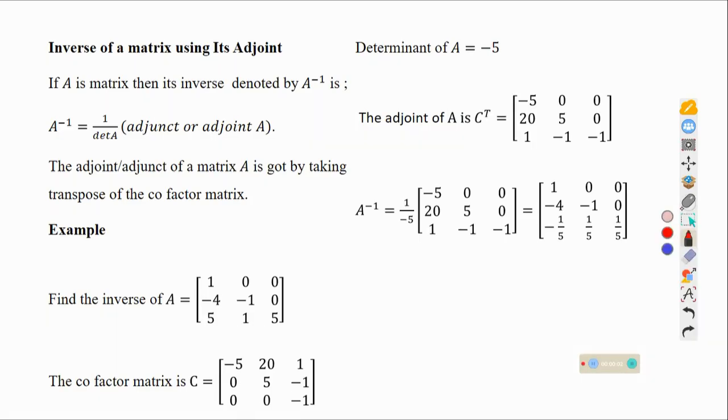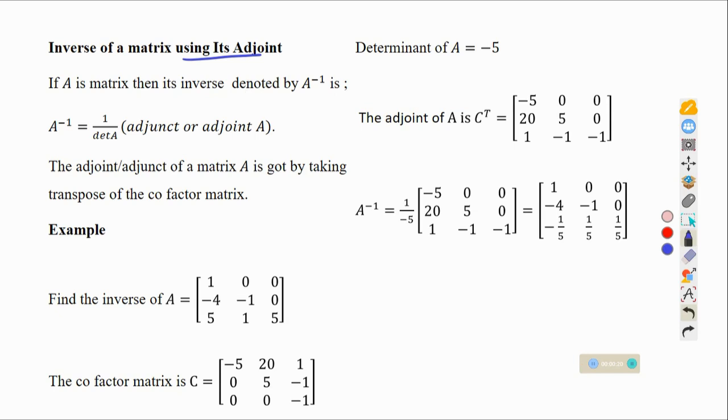At the moment, I believe that we are able to find the determinant of any given matrix. For that case, we now need to come to what we call the inverse of a matrix, basically by using its adjoint.